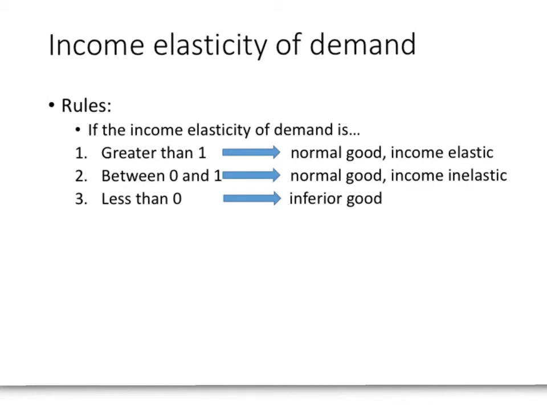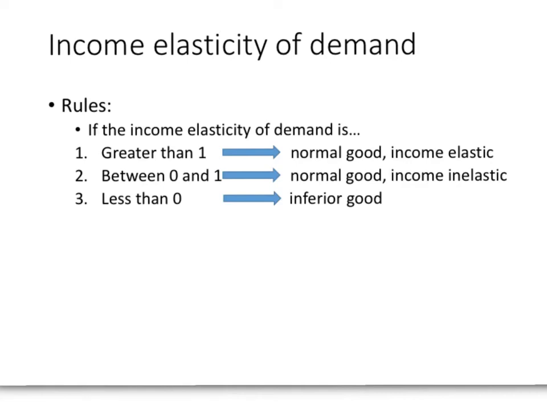Okay? So again, if you remember that with just even going all the way back to price elasticity of demand, price elasticity of supply, we looked at the definitions, and anything greater than 1 was elastic, right? So an income elasticity of demand that's greater than 1 is income elastic, which would make it a normal good.